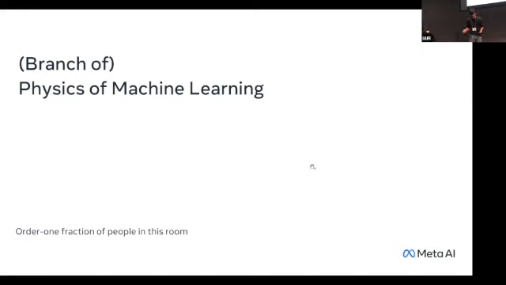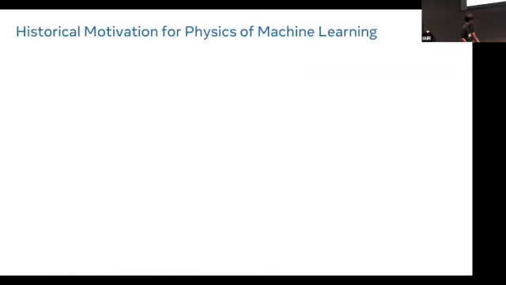Should I speak again, or was I loud enough? Okay. So many of us work on physics of machine learning, and then the effective theory is one branch that I think is kind of fun for us. So I'm going to talk about that application to transformers.